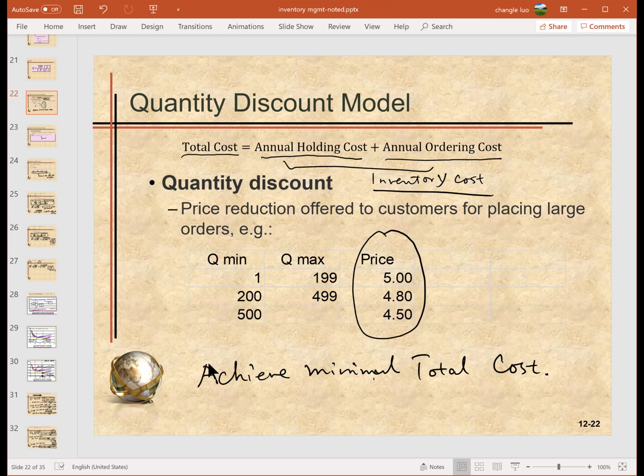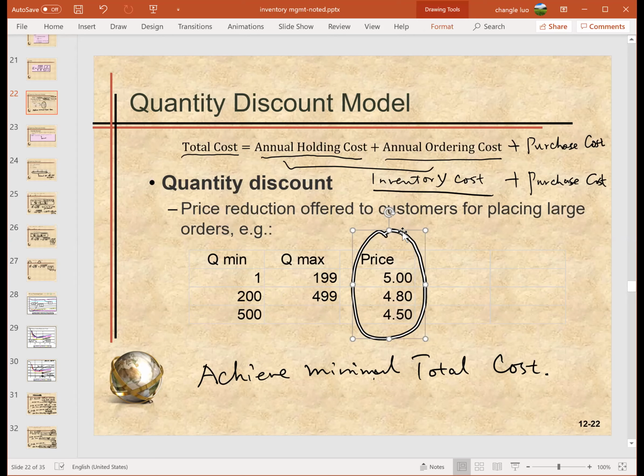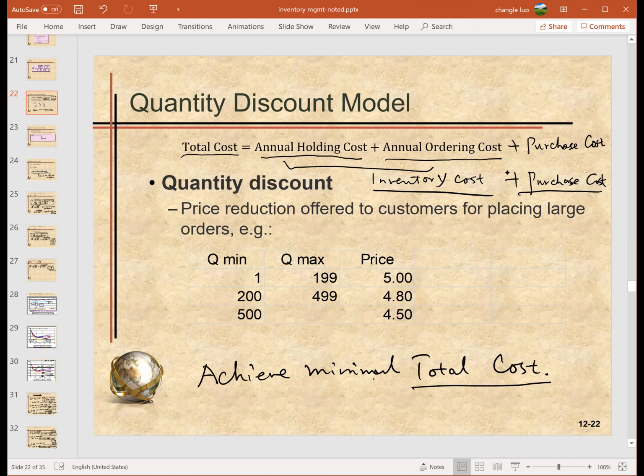So now you want inventory cost plus purchase cost. What we're considering is inventory cost plus purchase cost, and we try to minimize total cost. In this case, we do consider the quantity discount.